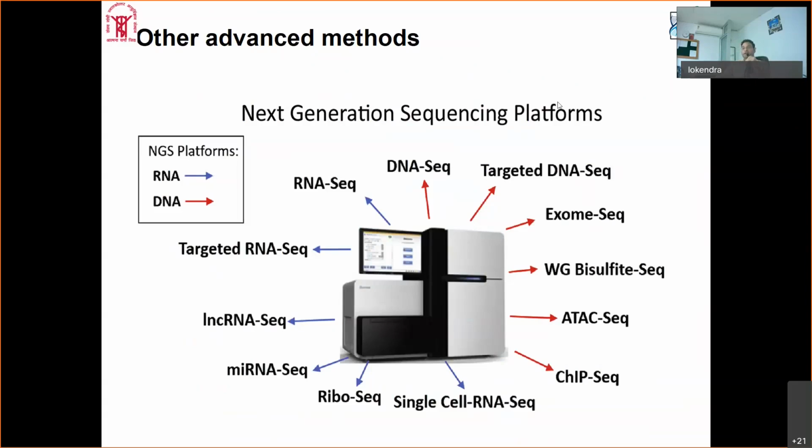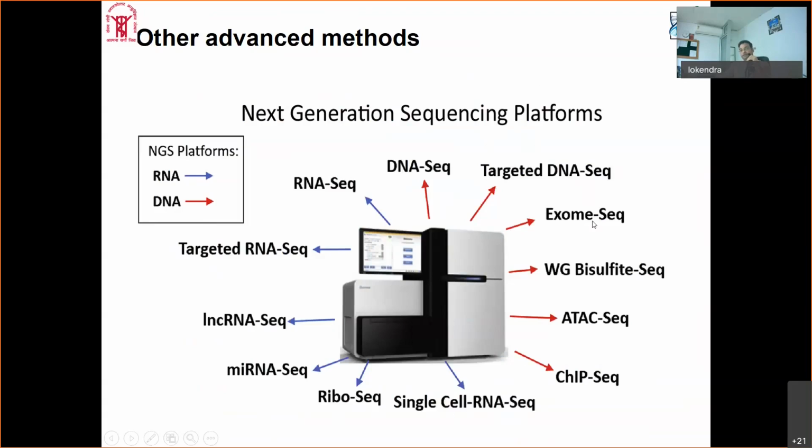And this is one example of a next generation sequencing platform, which is used on both types of nucleic acid, RNA and DNA. NGS is primarily used for DNA and RNA and their modifications. There are various applications: DNA sequencing, RNA sequencing, targeted DNA profiling, long non-coding RNA sequences, microRNA, Ribo-seq, single cell.